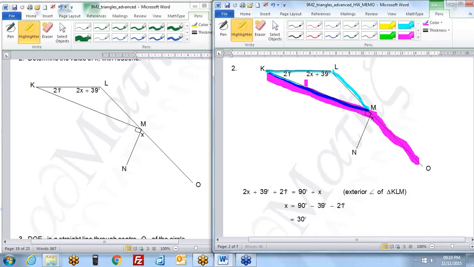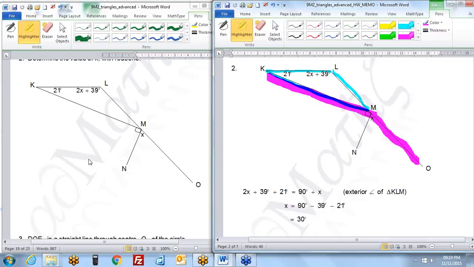So if I add 21 degrees plus 2x plus 39 degrees, I get angle KMO. Angle KMO consists of the 90-degree angle plus x. So therefore we write 2x plus 39 degrees plus 21, the sum of the two interior angles, equals 90 degrees plus x. It's the exterior angle of triangle KLM.